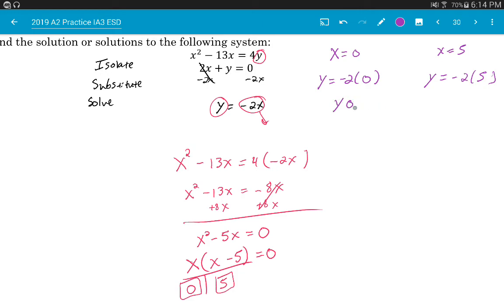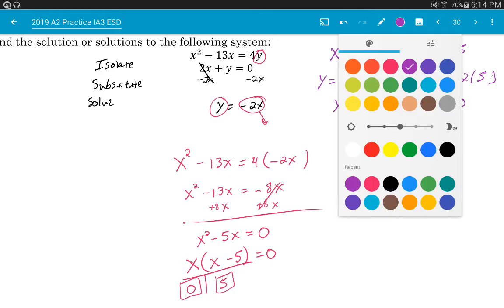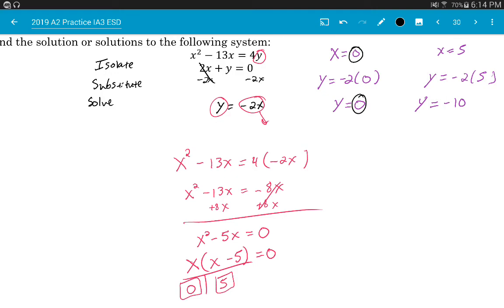So y is 0. And negative 2 times 5 is negative 10. So here are my points. 0, 0. That's one solution. And 5, negative 10.